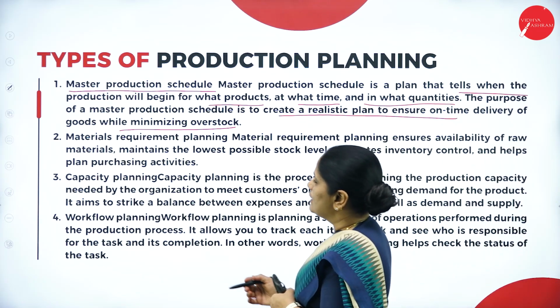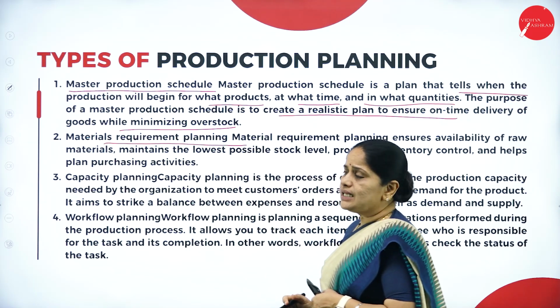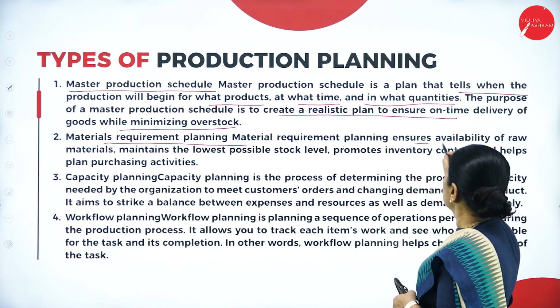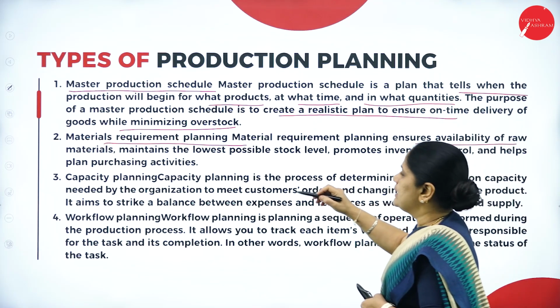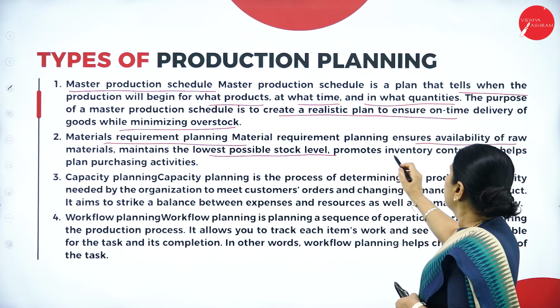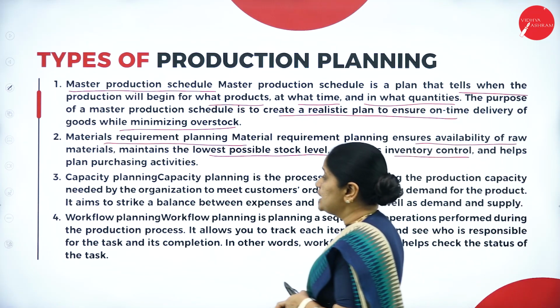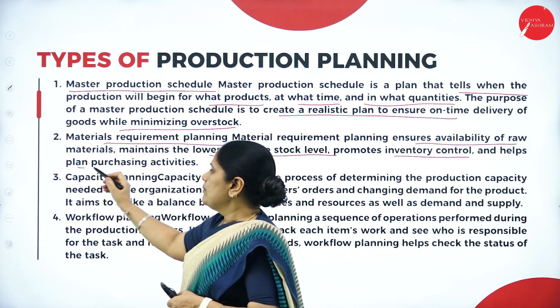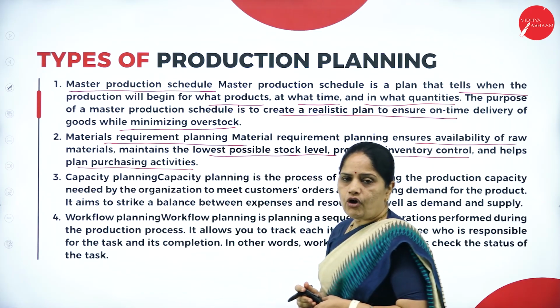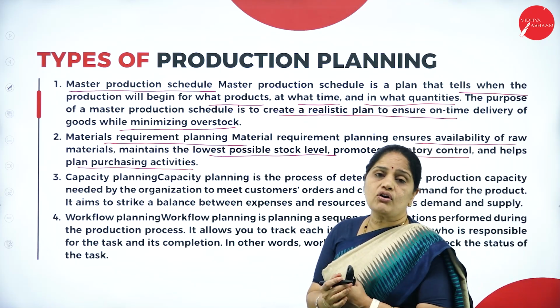So the next one is materials requirement planning. So what is this materials requirement planning? It ensures availability of raw materials, maintains the lowest possible stock level, promotes inventory control and helps to plan the purchasing activity. So materials should be there in the organization. That does not mean that you have to have a huge stock of materials.